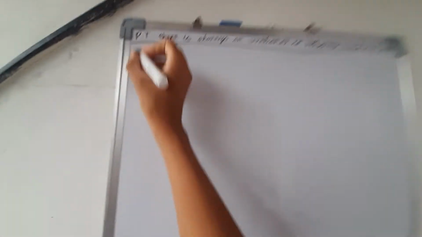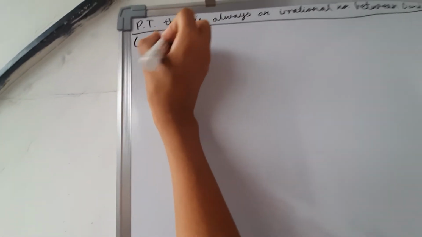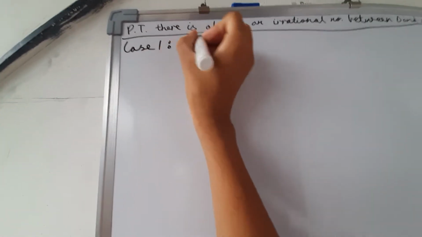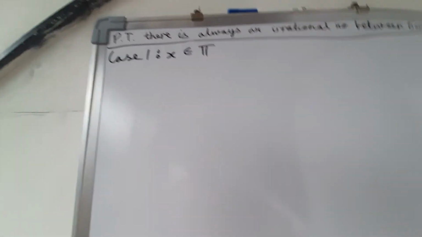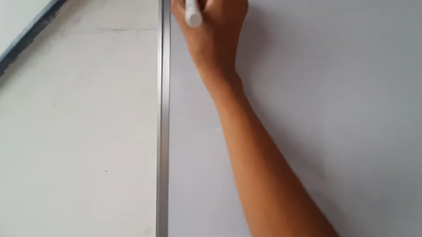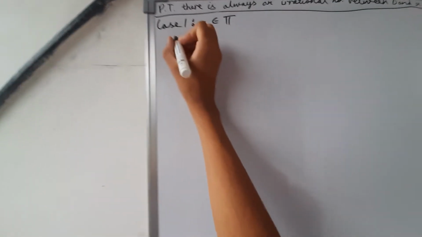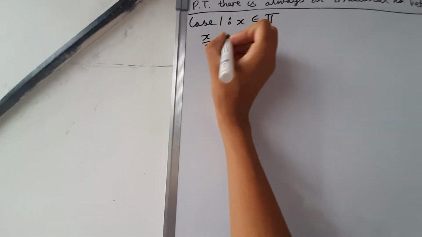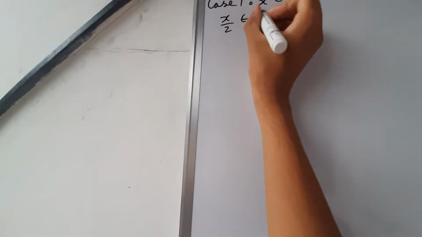Okay, so we start by dividing it up in cases, right? So case 1, x is an element of the irrational numbers, so basically x is an irrational number. To prove that between 0 and any irrational number there's always an irrational number, we can say that x upon 2 is also an element of the irrationals.